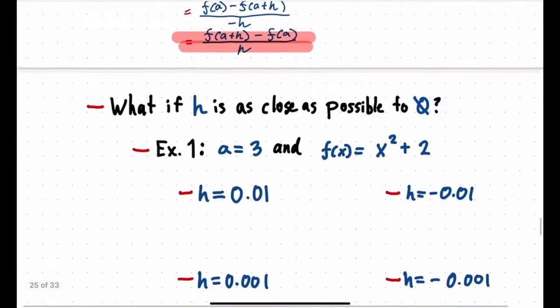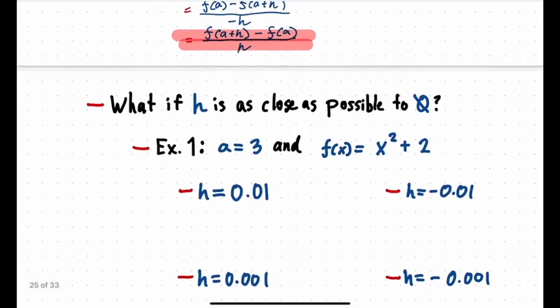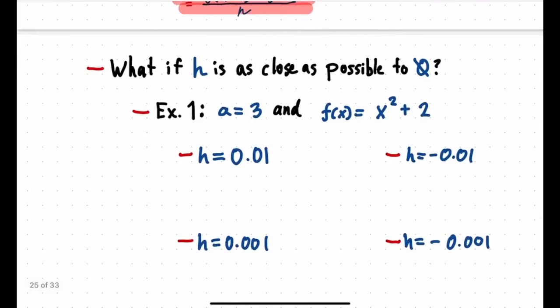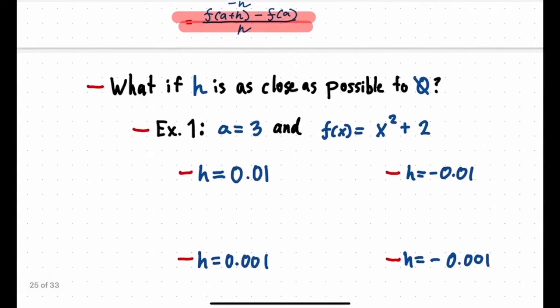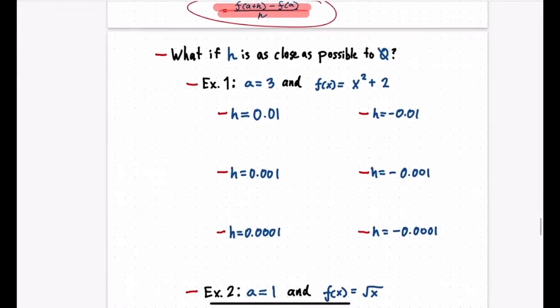So let's do an example of just calculating what happens if this h is as close as possible to 0 using this new equation that we have right here. Here, I'll write it out again down here so you guys can see it.